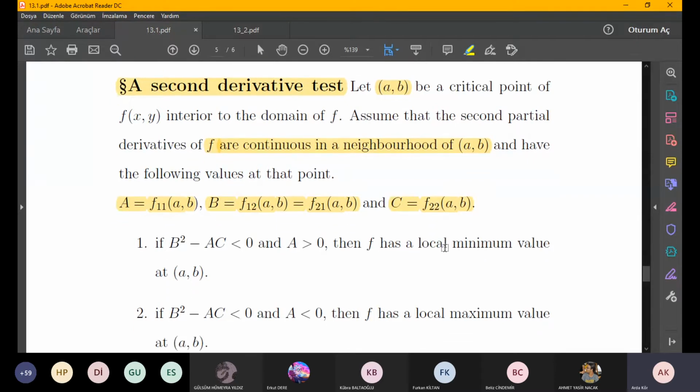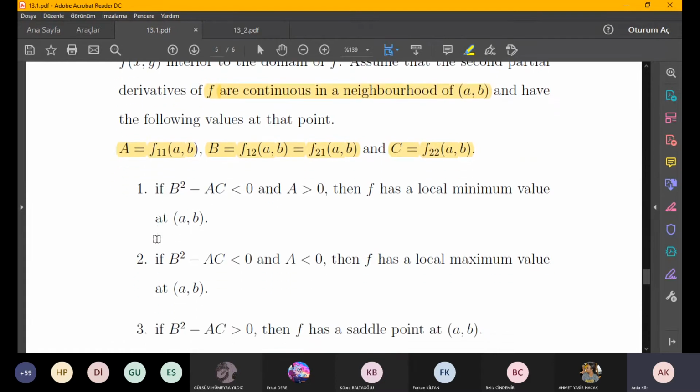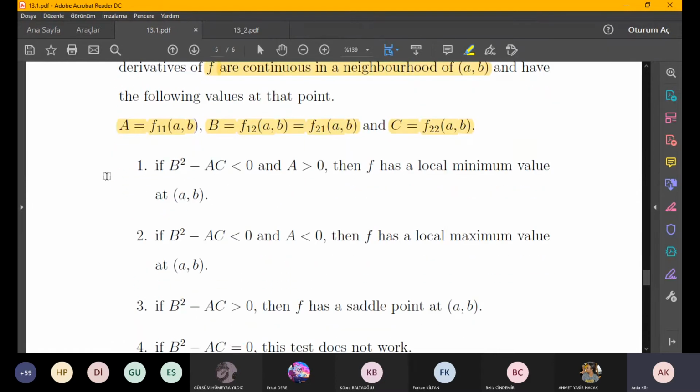So for those assumptions, if B squared minus AC is smaller than 0 and if A is positive, then we will directly say f has a local minimum value at the critical point.